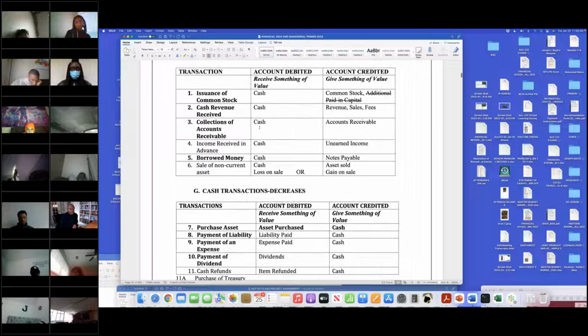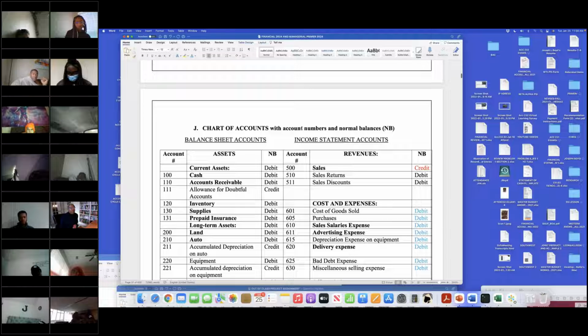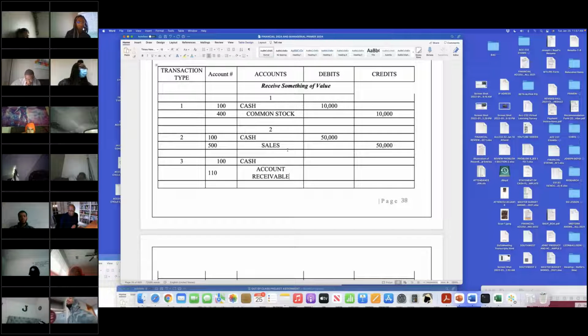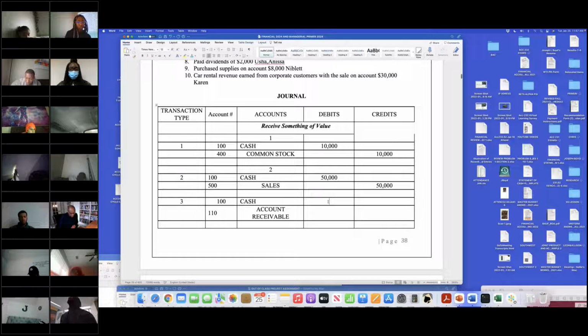We pick up that account number for accounts receivable, which is 110. What was our amount? 20,000. So hopefully you see that you've got to be able to do this because all of the steps fall off of this.